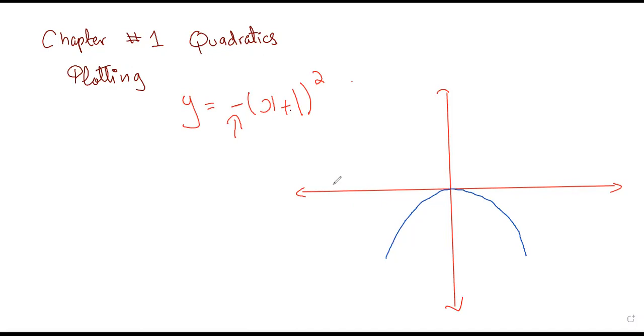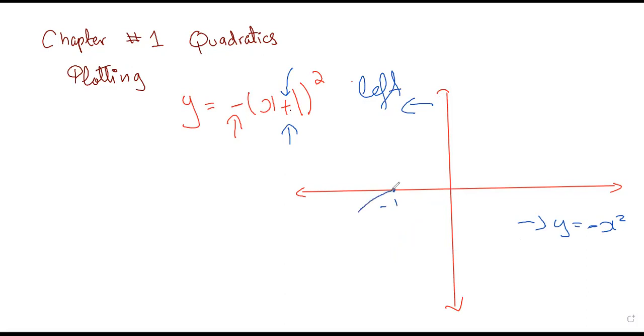Yes. And what about this plus 1? This would have been the graph for y equals minus x squared. Since we are adding 1 to x, we know that whenever we add 1 to x, our graph moves 1 unit to the left. So we will get this.